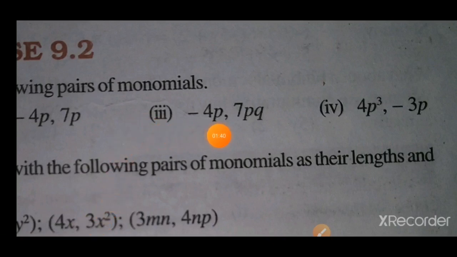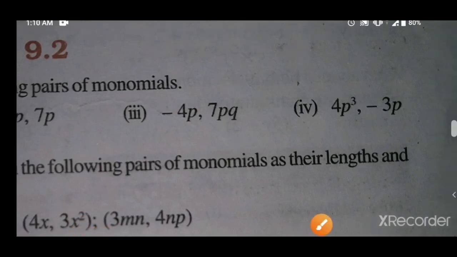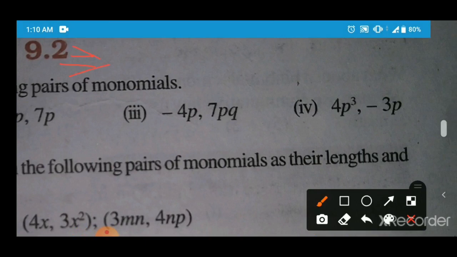Now the part third, minus 4p multiplied by 7pq, or minus 4p and 7pq. So once again we can write what is given. Given monomials are minus 4p and 7pq, and the product of these two is minus 4p multiplied by 7pq, or we can write it is minus 4 multiplied by 7, and p multiplied by pq.